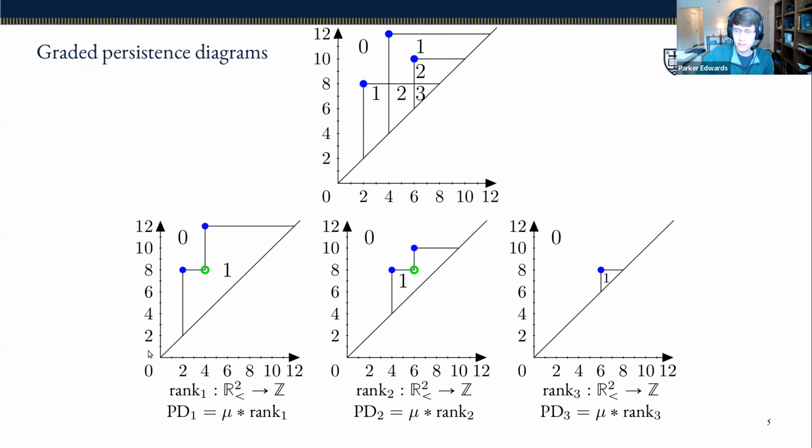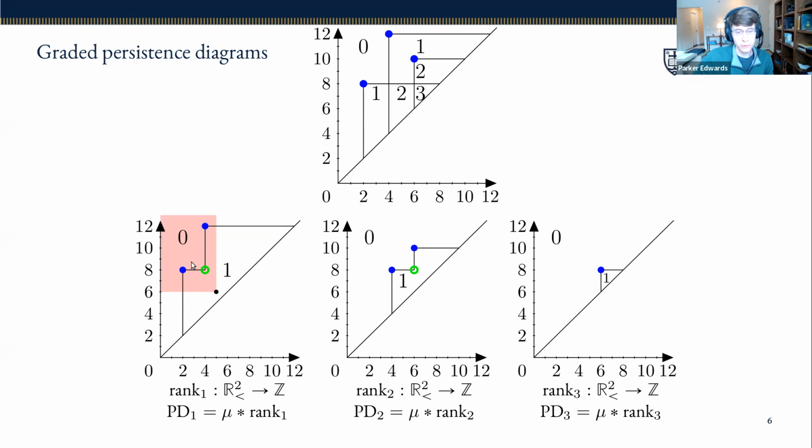And then you can Mobius invert these. The relationship is the same relationship that we had before between standard persistence diagrams and the rank function. So if I want to know the value of the graded rank function at this point, I look up and to the left, I sum up a positive 1, I sum up another positive 1, and then these hollow circles are negative 1s.